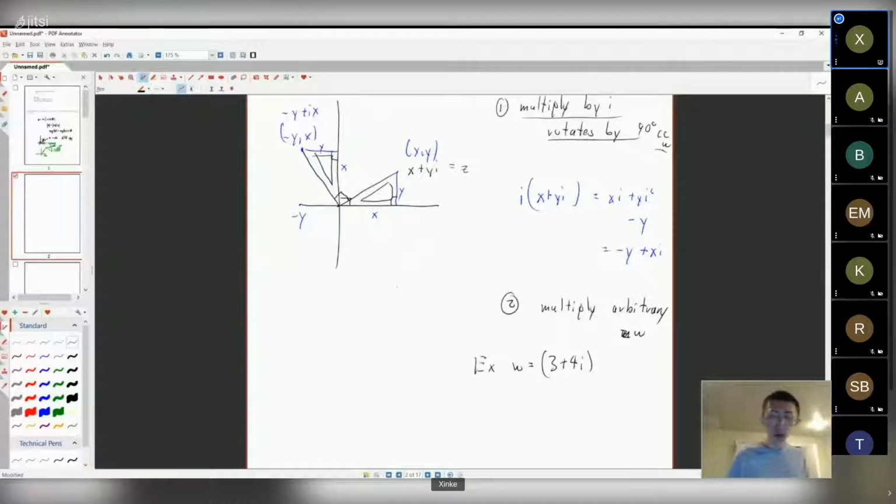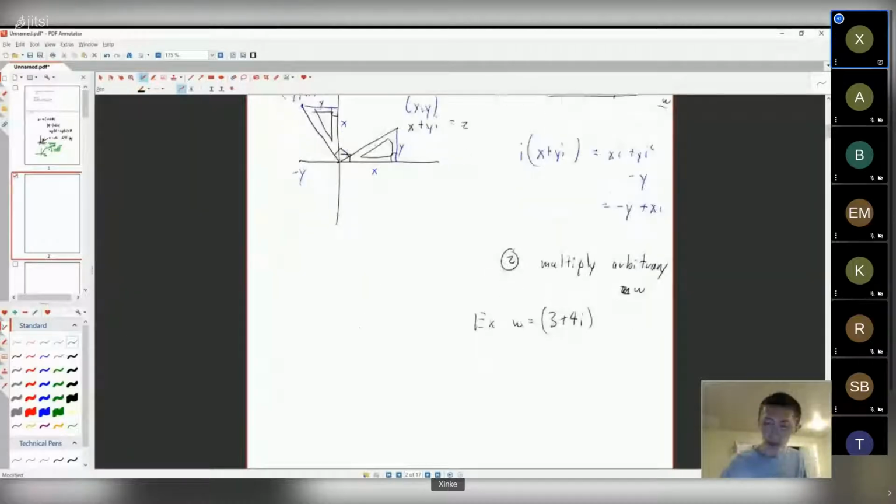So here's 3 plus 4i. No, let's make it 4 plus 3i. It doesn't matter, but 4 plus 3i. Let's call this angle phi. So this will be 4, this will be 3, on the real and imaginary axes.